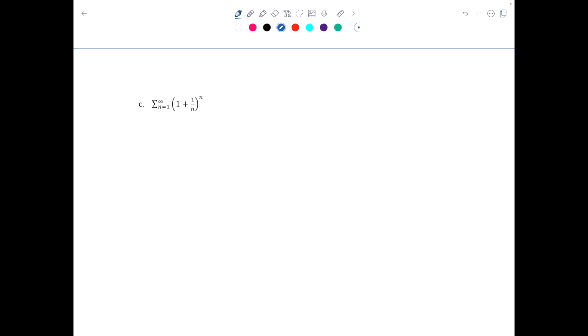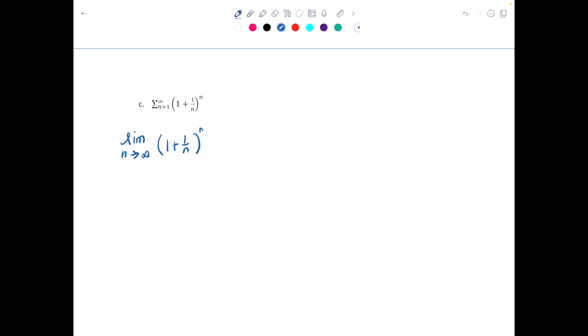So here we go. We're going to look at the limit as n approaches infinity of 1 plus 1 over n to the n. Now, it's not very illuminating, right? Because we'd end up getting 1 to the infinity, which is an indeterminate form, all right?